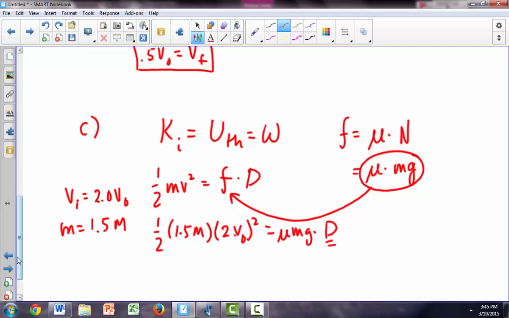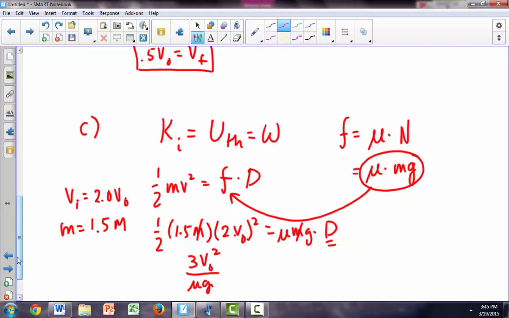We're trying to solve for d in terms of all these other variables. I can eliminate m. 2 squared is 4, times 1.5 is 6, divided by 2 is 3v0 squared over here, and I'm going to divide by mu g.